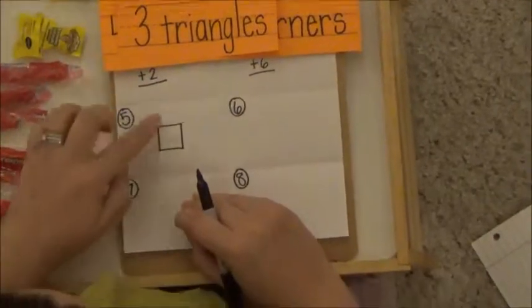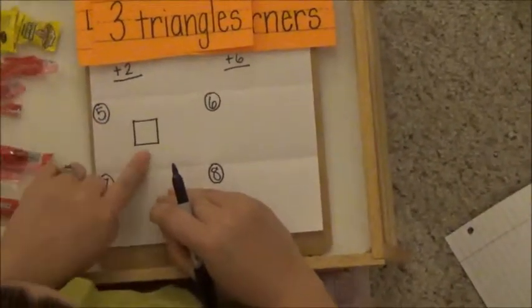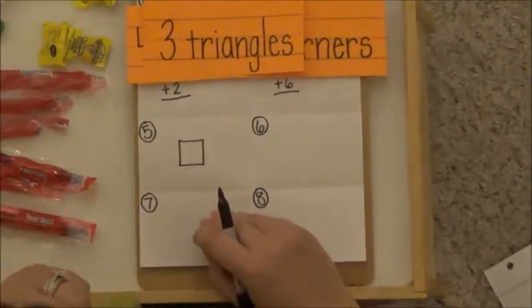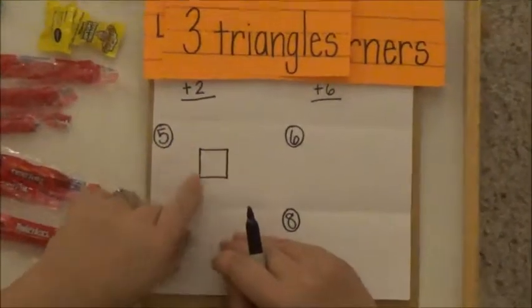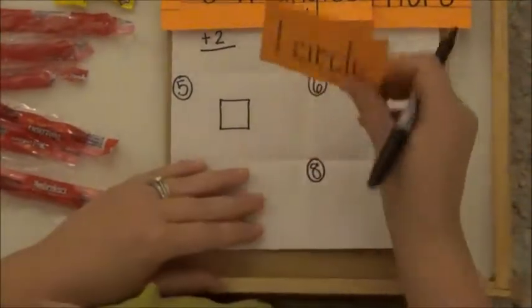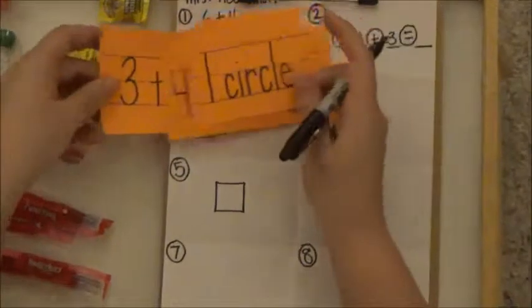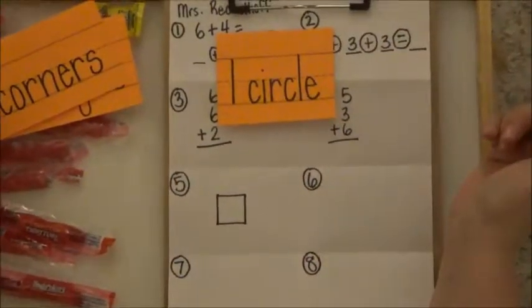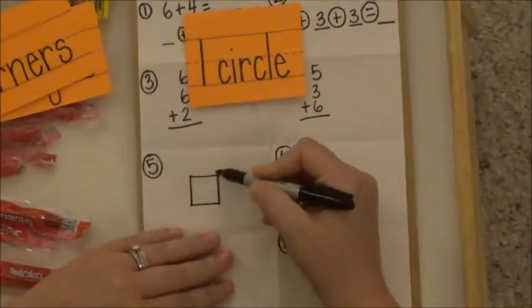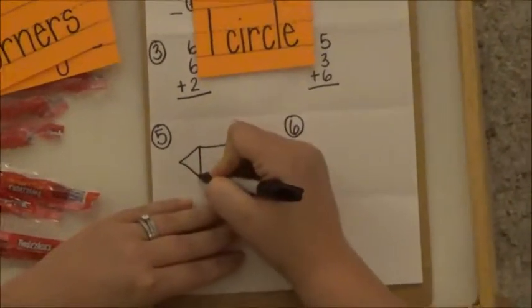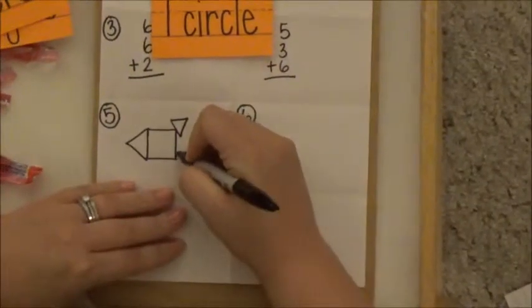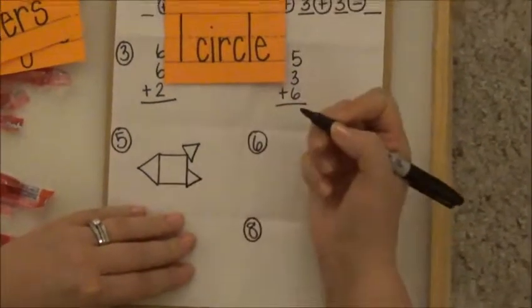You could add them onto the sides, you could make them on top and bottom. I want you to be creative and put 3 triangles around your 4 sides and 4 cornered shape. And lastly, I want you to put 1 circle. So my shape has 4 sides and 4 corners. I'm going to add 3 triangles. And a circle.